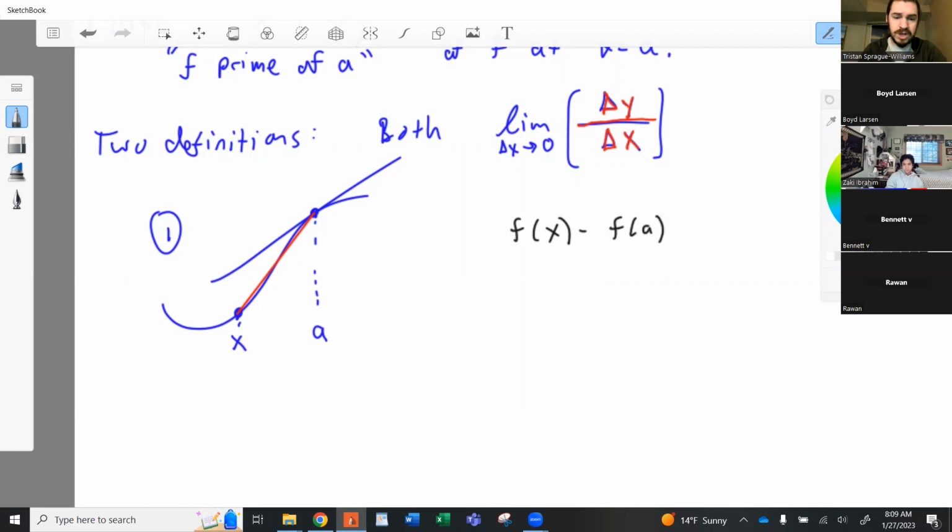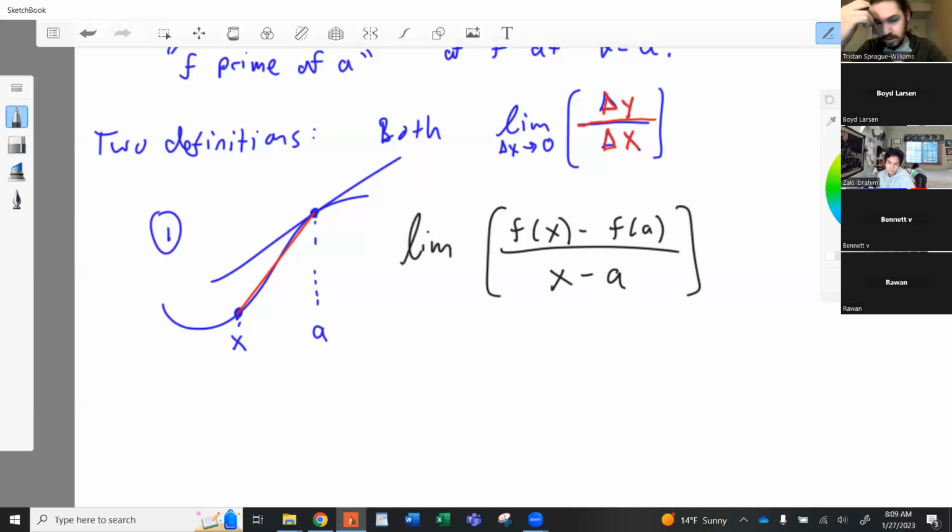That makes sense, because it's the difference between the function output values, divided by x minus a. And x minus a is the change in x, right?